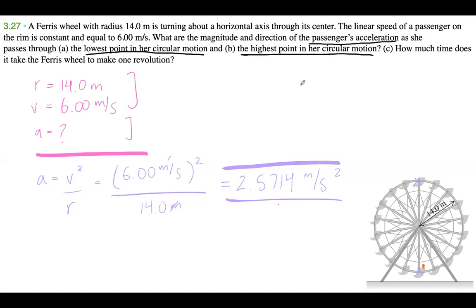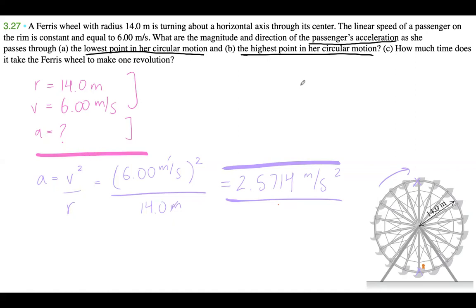Now, in which direction? The radius throughout this entire Ferris wheel is not changing. It's not 14 meters at one point and 17 meters at another point. It's always 14 meters. And the passengers on the rim are moving constantly at 6.00 meters per second, which means that if our values aren't changing, then our acceleration is not changing either.